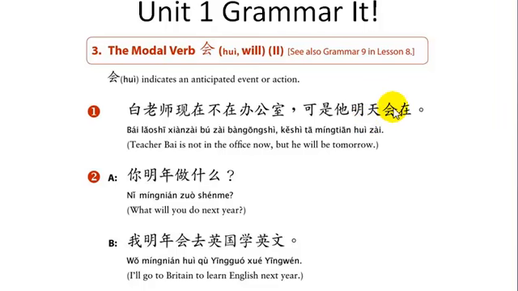Okay, so here she will be there tomorrow. Right here, 你明年做什么? Okay, what will you do next year? And this is just a general question, so there's really no need for 会, but the person answering has a plan, has an anticipated event or action. So the individual responds by saying, 我明年会去英国学英文. I'll go to Britain to learn English next year.